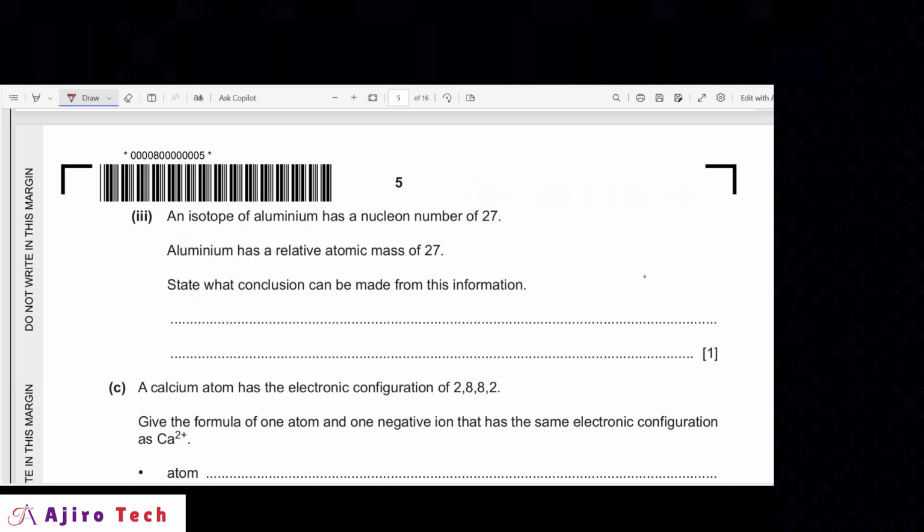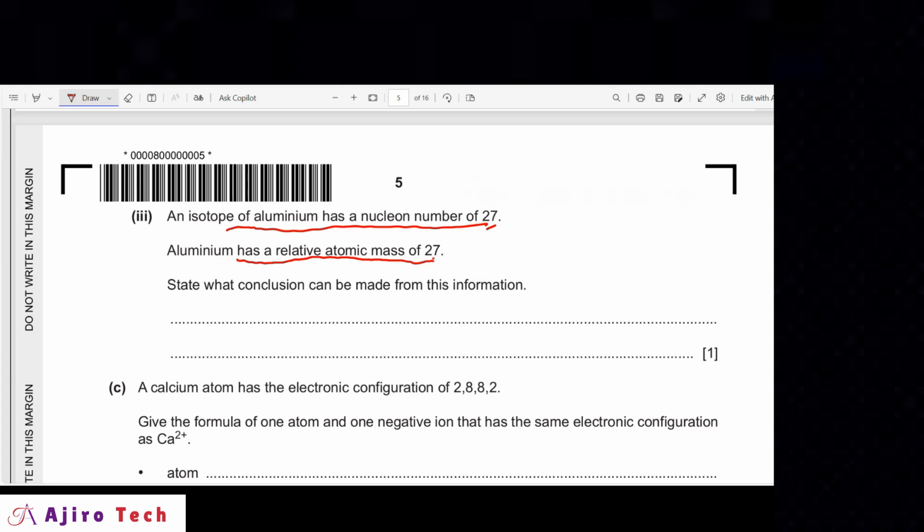An isotope of aluminium has a nuclear number of 27. Aluminium has a relative atomic mass of 27. What conclusions can be made? We're told that the isotope of aluminium has a nuclear number of 27, and that aluminium itself has a relative atomic mass of 27.